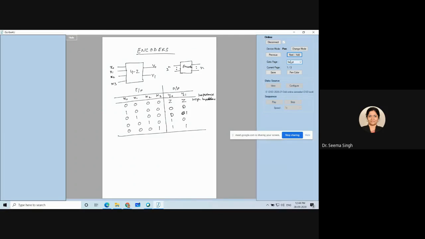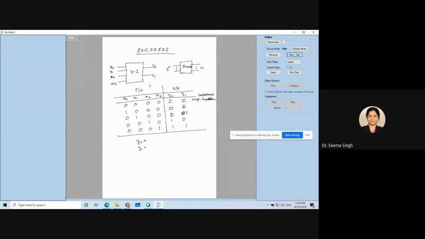Now, can you quickly tell me the equation for this? What will be the Y0 equation? And what will be the Y1 equation? Do you want a K-map for this? Even if you want to make a K-map, I will tell you, people get confused for encoder. I will tell you the most important thing here. If you want to make a K-map, the K-map should have all 16 possibilities if you have four variables in your input.